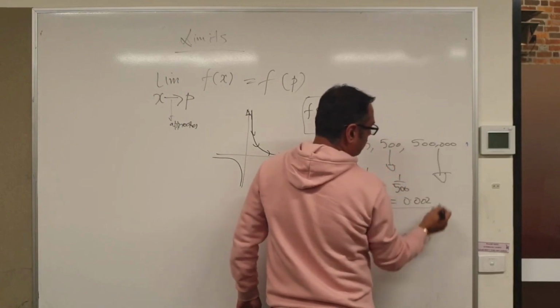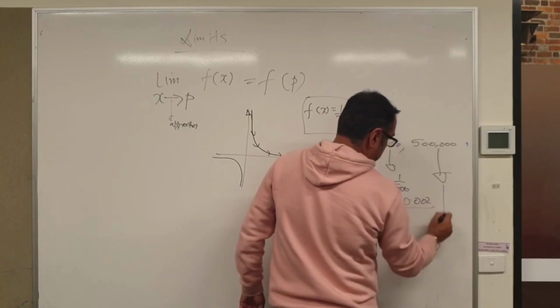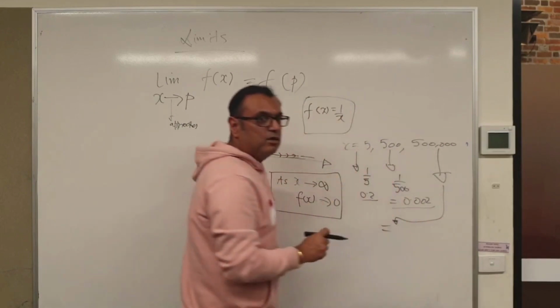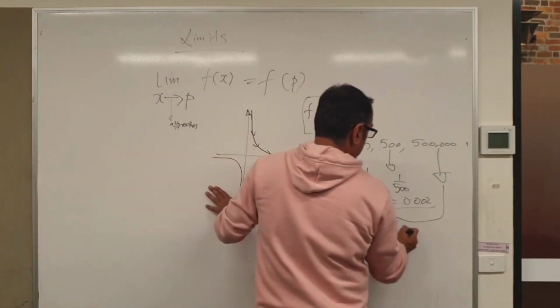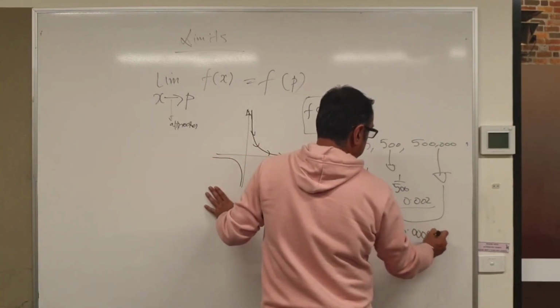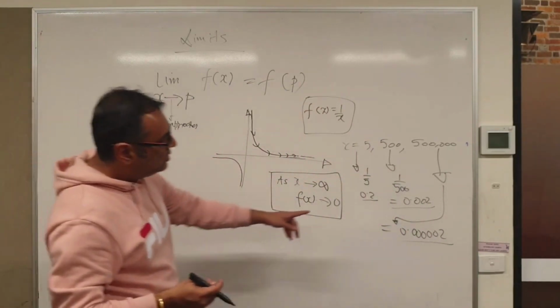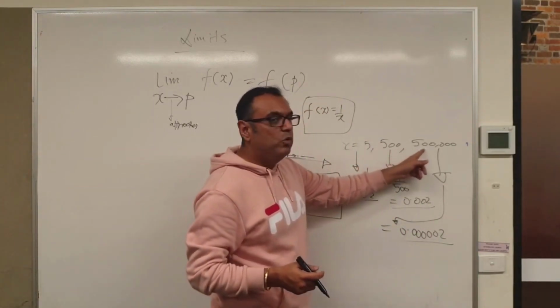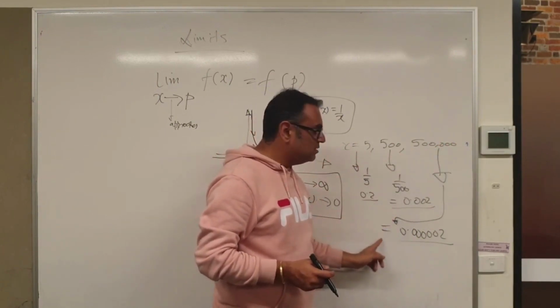Can someone tell me 1 over 500,000? Please give me the answer. In your calculator, quick. 0.000002. Whatever. Right? So what is happening as my x is going to infinity? What's happening to f of x?